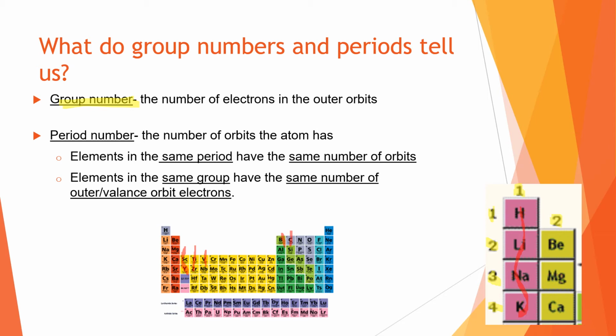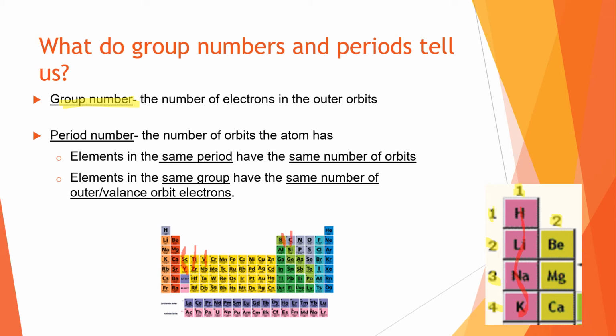Lithium, beryllium, and so on, boron, carbon, nitrogen, those are all in the second period. Sodium, magnesium, aluminum, those are all in the third period. That period number tells you the number of orbits the atom has. Elements in the same period have the same number of orbits. Elements in the same group have the same number of valence or outer orbit electrons.